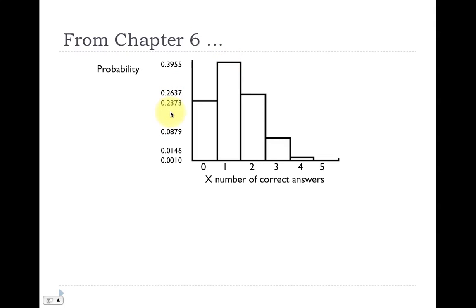That would be the sum of 0.2373, this rectangle, plus 0.3955, this rectangle. So this was a probability histogram for the probability distribution of the number of correct answers while guessing on a 5-question multiple choice test.